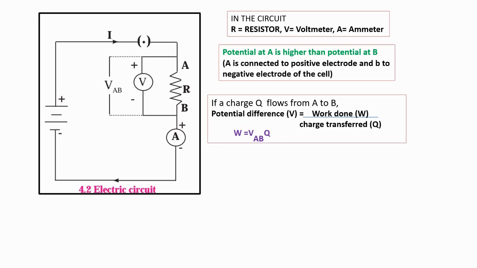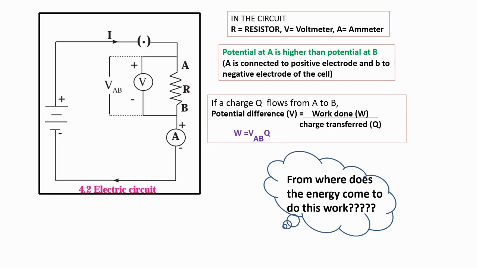The charge is performing work across the resistor, right? So for the charge to perform work, it has to have some amount of energy. Like in our case, when we want to perform some work, we need to have some energy. But from where do we get this energy? We get this energy from the food we eat. Similarly, for the charge to perform work, it should have some amount of energy.